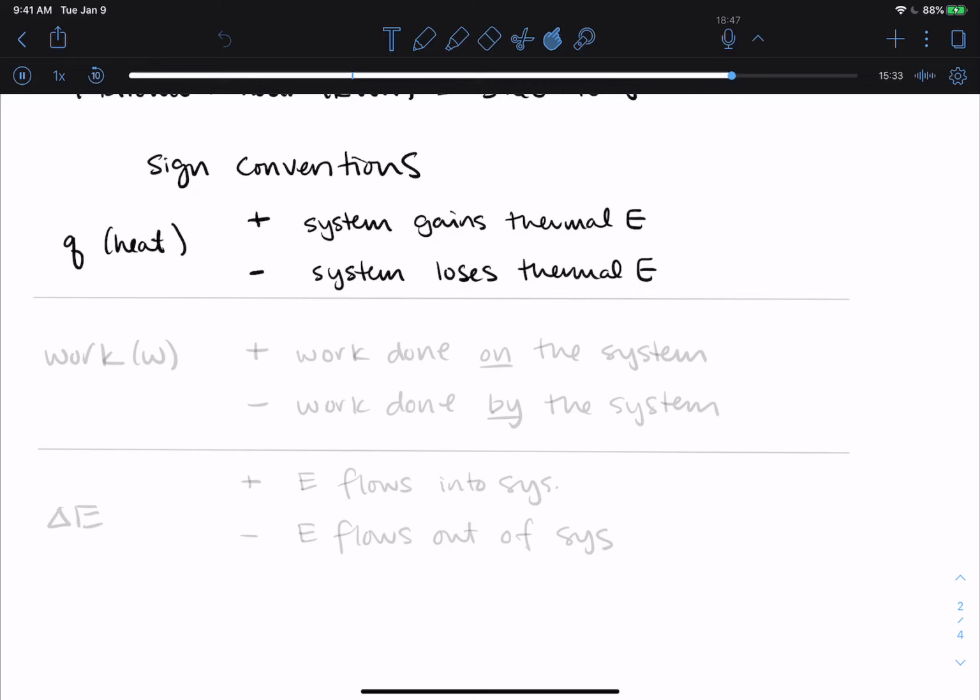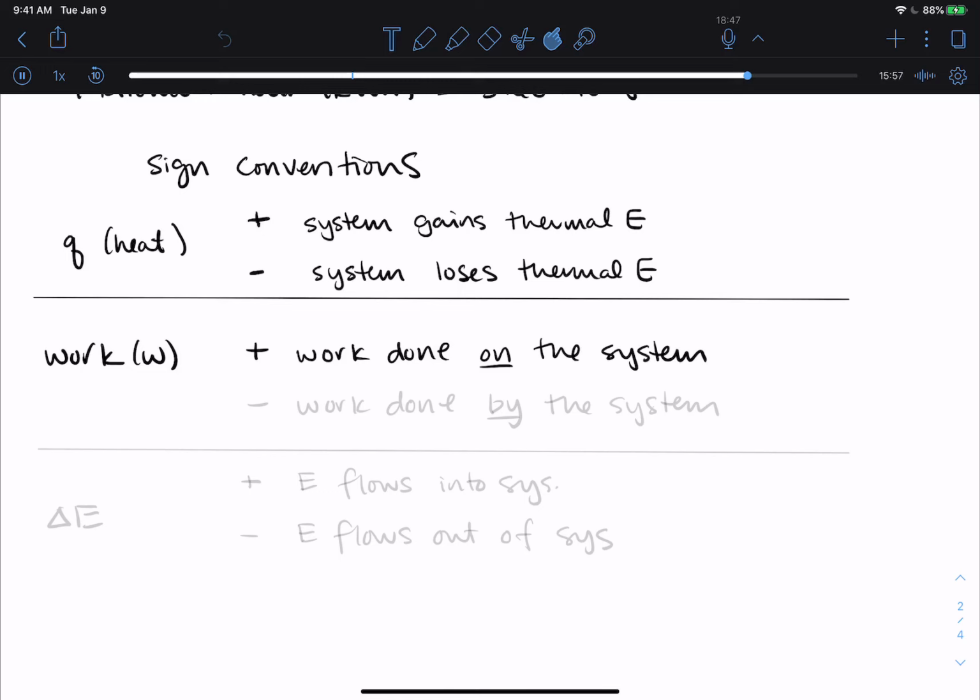For work, let's put a little divider in here. A positive value for work is work done on the system.